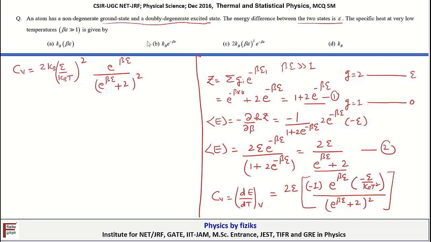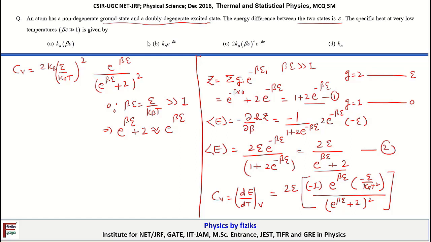Okay, so now we will make use of the approximation which is given to us, because it's given that beta E, which is equal to E upon kBT, is much greater than unity. So this implies e power beta E plus 2 can be approximately rewritten as exponential beta E.